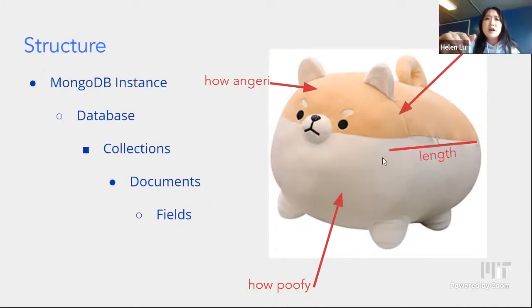Just a recap of the overall structure of MongoDB: we have our MongoDB instance, which is like a cluster on Atlas. Each cluster has a bunch of databases, where each database belongs to a single project or a single website. Within each database, we have collections that group together things of the same structure.